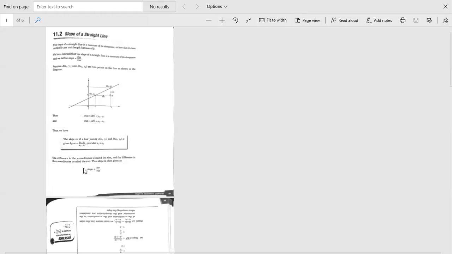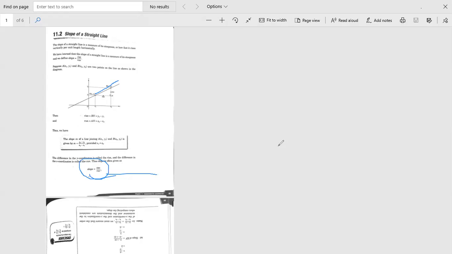So we have the ratio of the rise to the run is the slope. This is our definition. Okay, this is the formula for the slope.